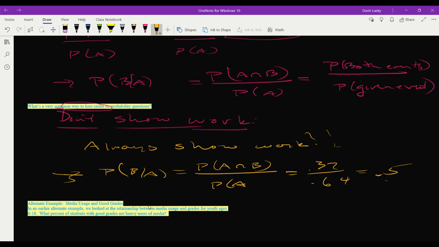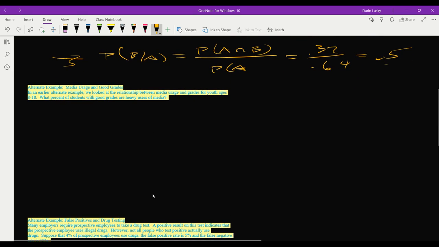Let's go to the media usage problem that we did the other day. We want the probability that they are heavy users of media and they get good grades. How do we figure that out? It's a conditional probability.